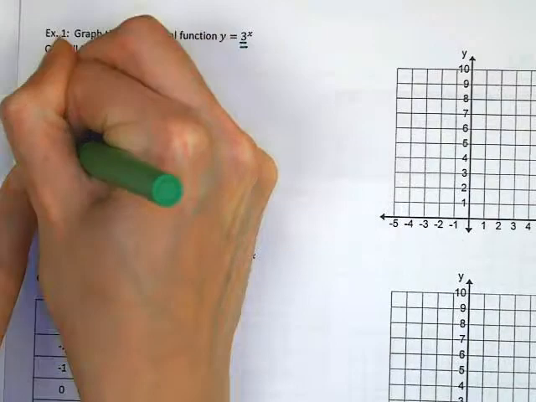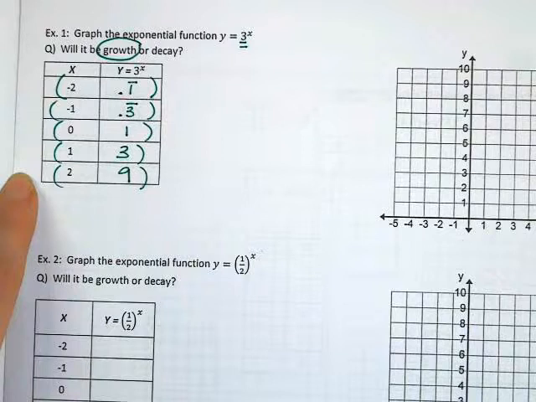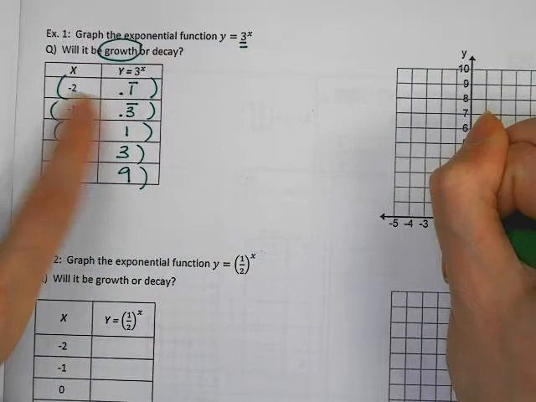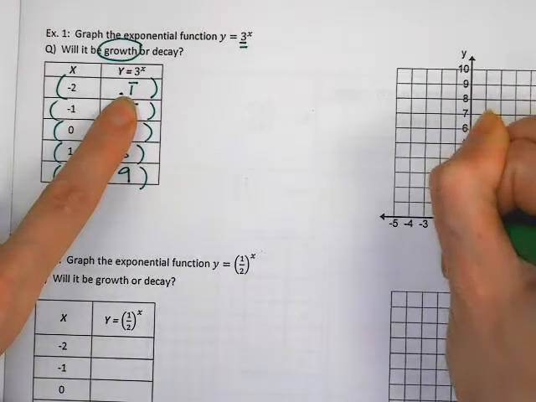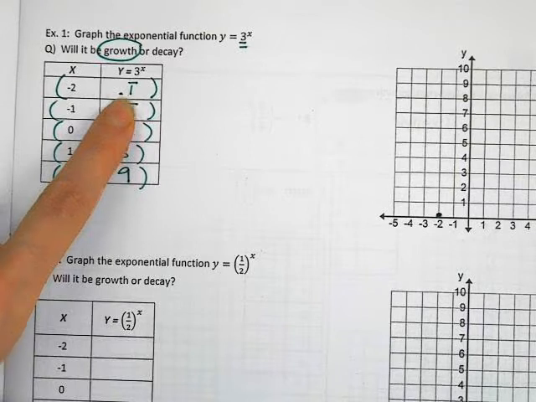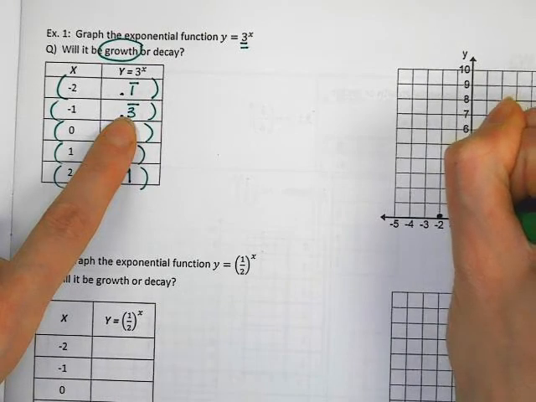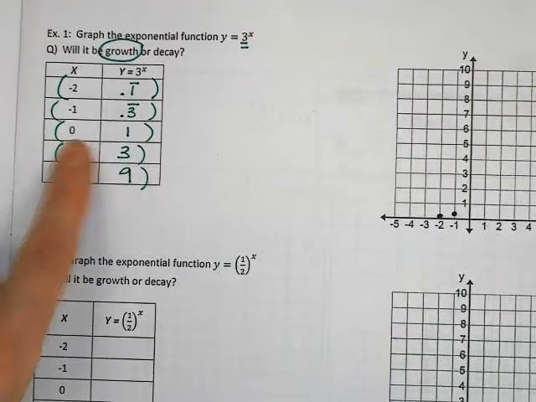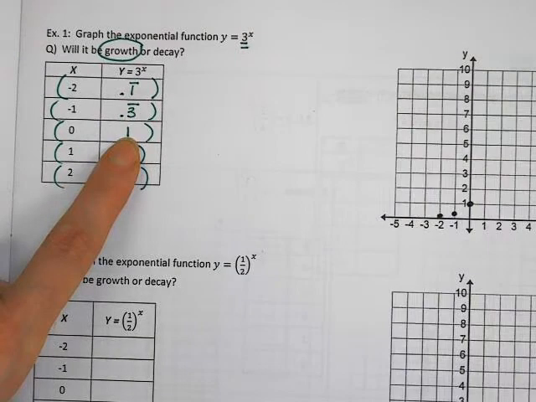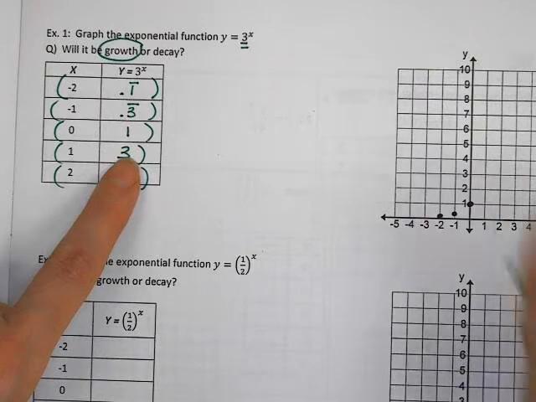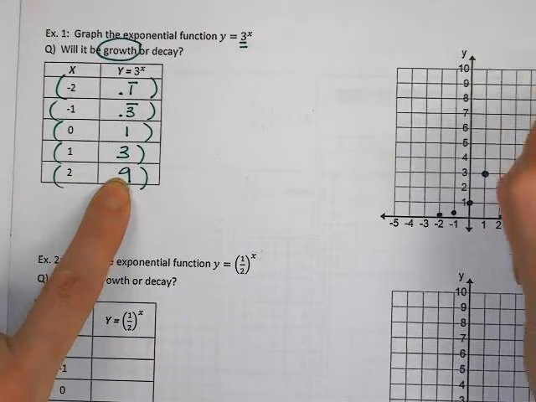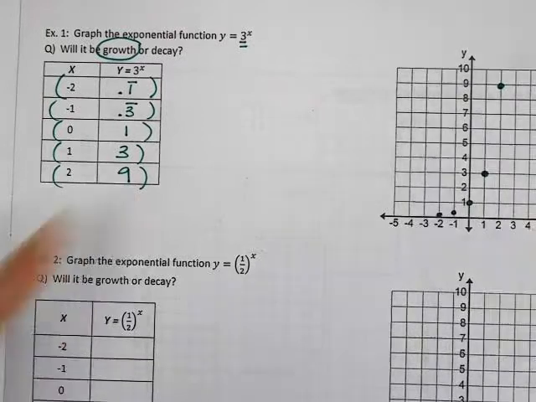And I know that the decimal ones are going to be a little weird. So negative 2 comma 0.1 is like really short there. Negative 1 comma 0.3 is just a little bit higher. 0 comma 1 is here. 1 comma 3 is here. And 2 comma 9 is here.